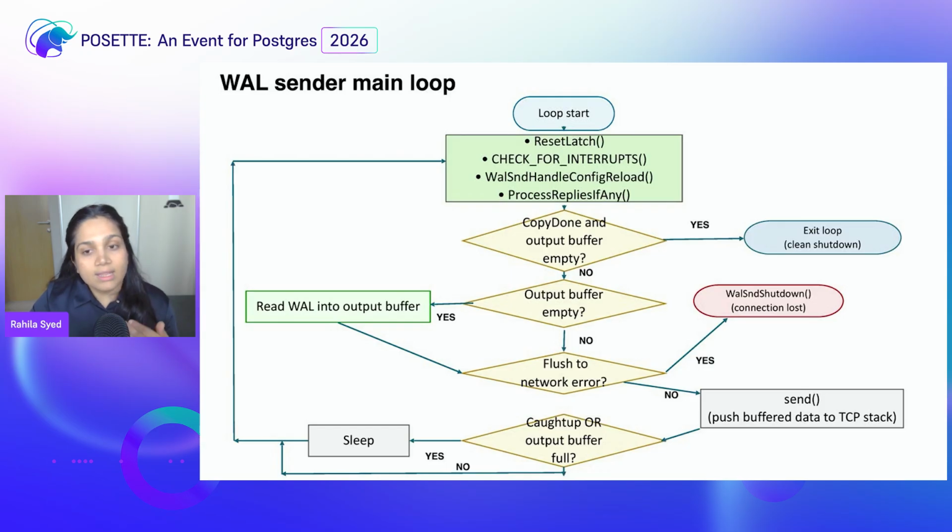If not, then it goes on to flush that output buffer to the network. If the output buffer is empty, it will go on to read the WAL into the output buffer. This happens from either the WAL buffers or the WAL files.